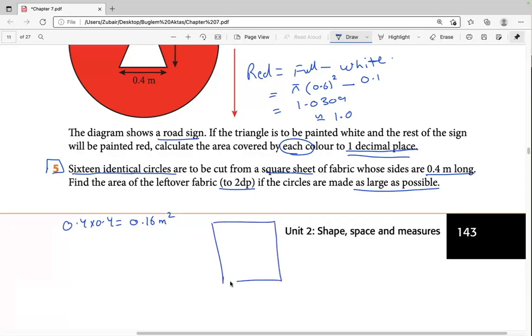Two circles would probably fit into it, or one circle if it was as large as possible. Oh, 16, yeah, identical. 16.